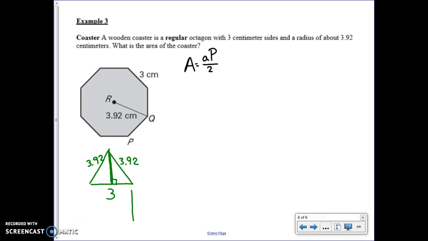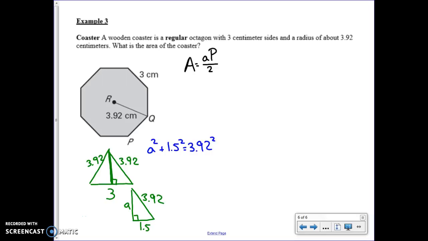So if I wanted to, I can cut this down even further. This is still 3.92, but now this is 1.5, and I need the apothem. So I can set this up then. We have a right triangle: a squared plus 1.5 squared equals 3.92 squared.